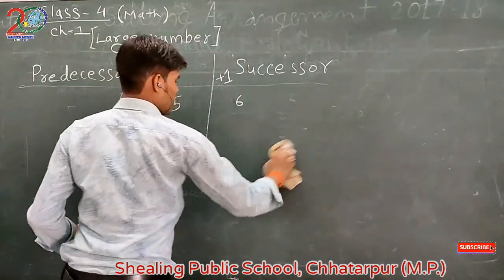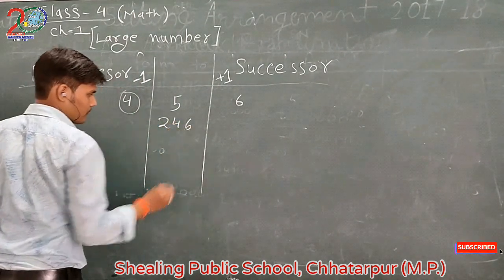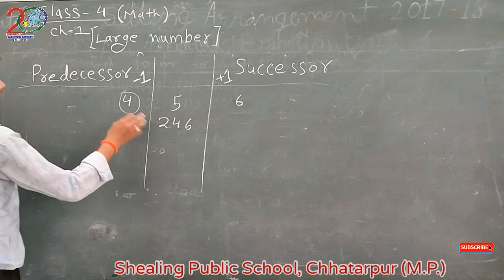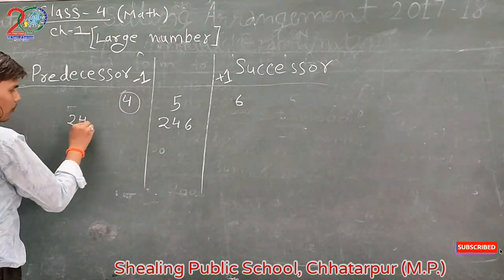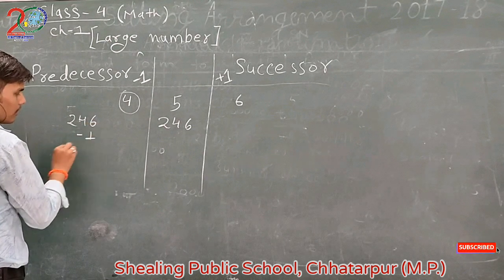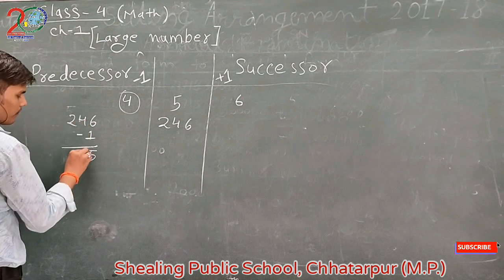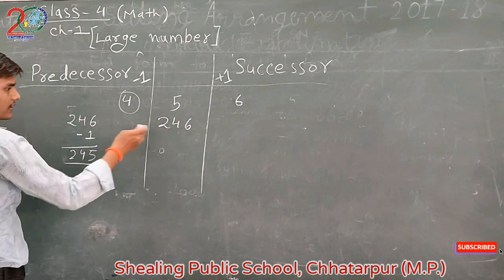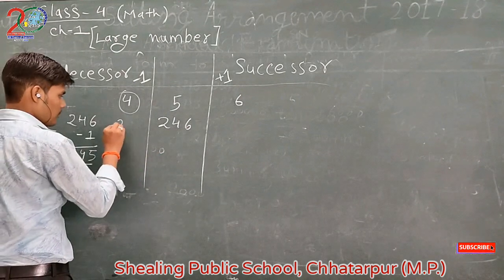Here is a digit like this one. Now how can we find the predecessor? So minus, subtract by 1. So we take here 4, 6, subtract by 1. Then 6 subtract by 1, here is a 5, then 4, 2. What is the successor of 246? It's 245.